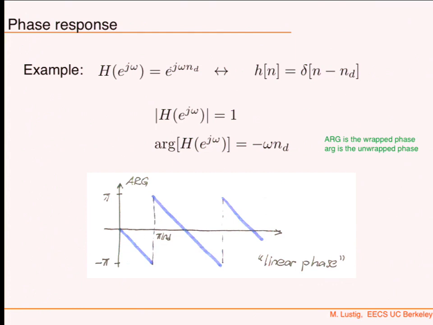If you look at a very simple system, which is just a delay system, okay? A delay system or a linear phase system, here's an example where H(e^{jω}) is equal to e^{-jω n_d}, where n_d is an integer.